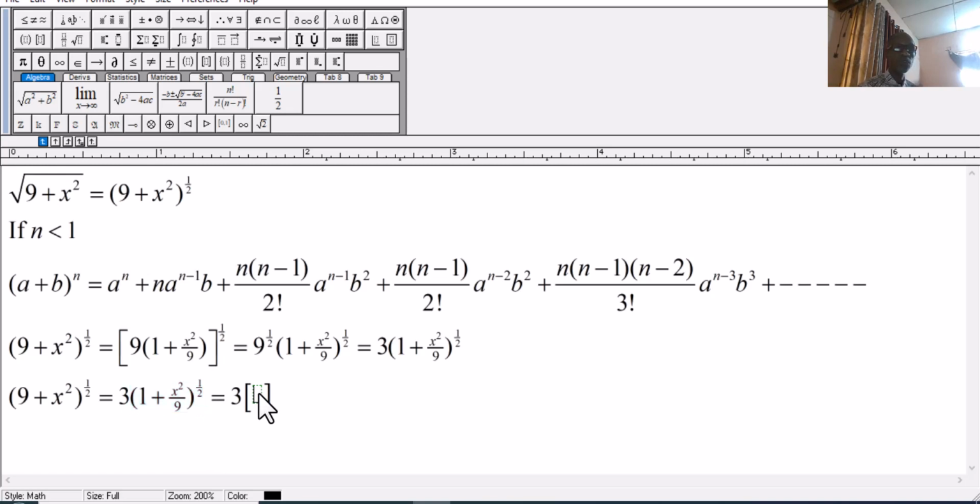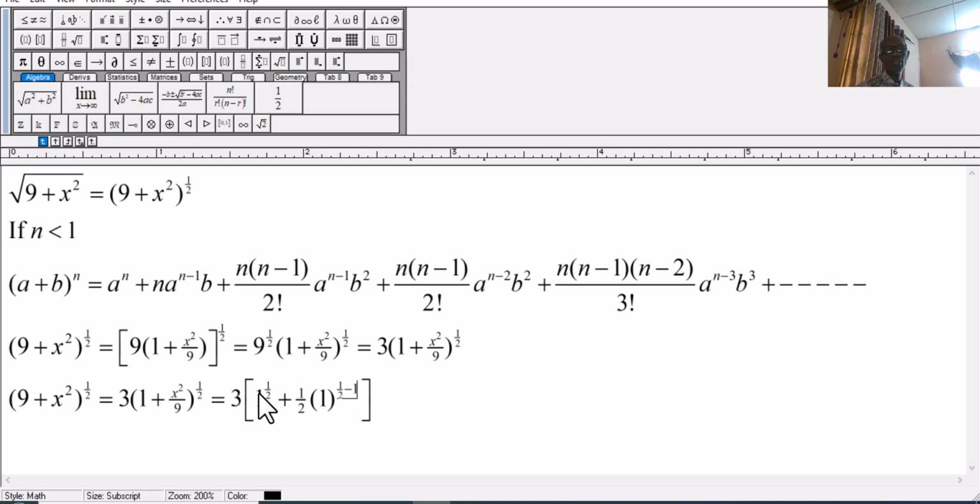We now have 1 raised to the power of half, plus the next one is half, times 1 raised to the power of half minus 1. I would have omitted that one, but I want you to see what we are expanding. That's why I'm writing out that 1 raised to the power of everything.